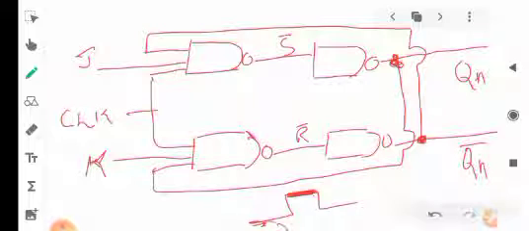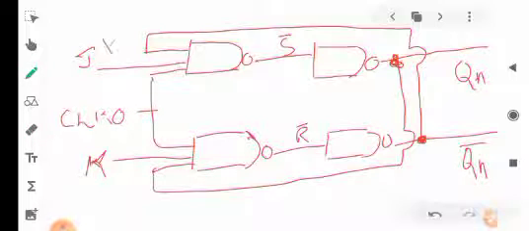When the negative level comes, it will not work, so it will be inactive. Say the clock is equal to 0, that is the clock pulse is 0 here, and we are not giving any input to J and K.